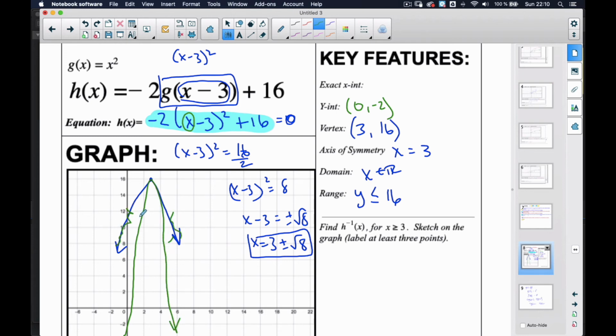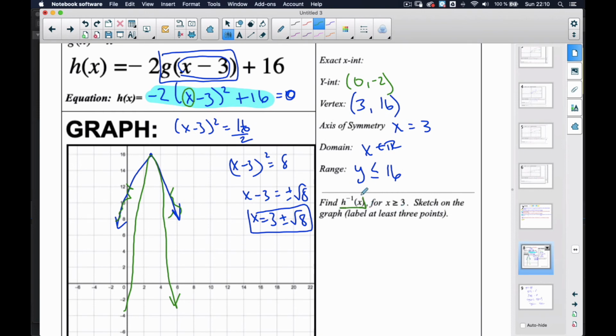Okay, to find the inverse, we switch our x and y values, so it's x is equal to negative 2 times y minus 3 squared plus 16, and then we solve for our y value.